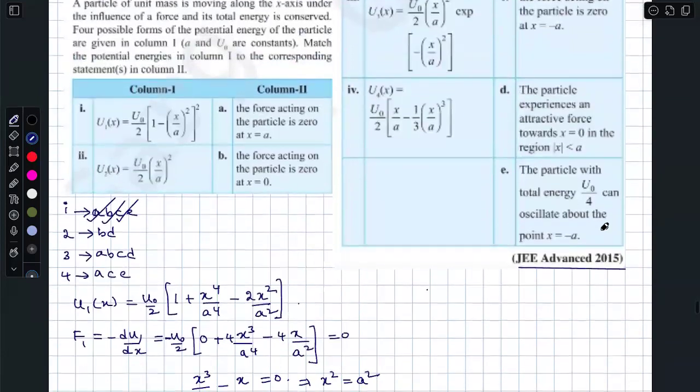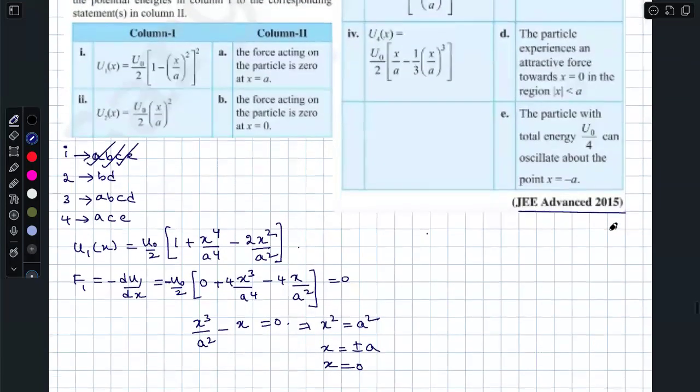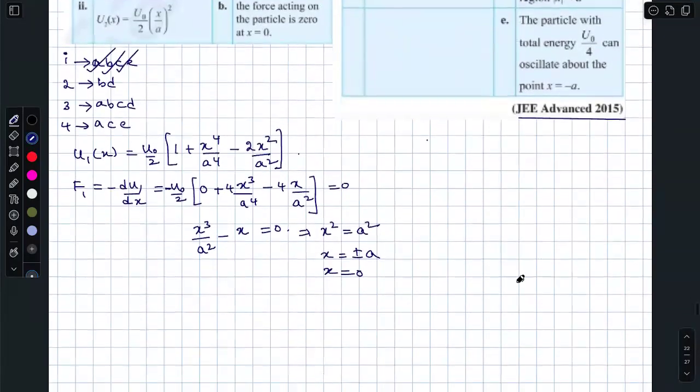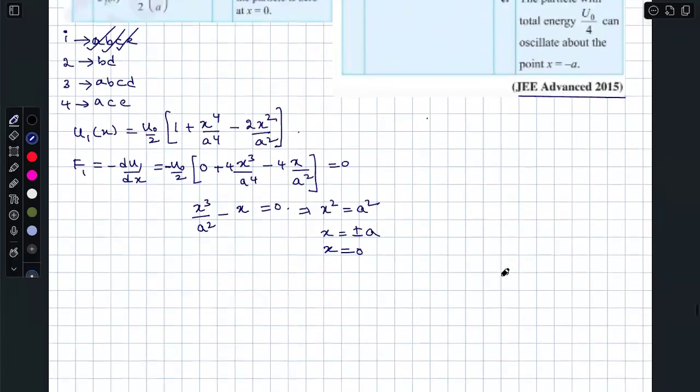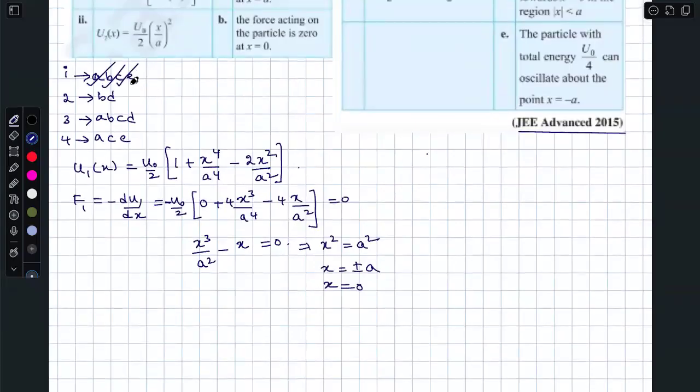The particle with total energy U naught by 4 can oscillate about the point x is equal to minus a. Usually oscillation is possible about stable equilibrium. Oscillation is possible about stable equilibrium. So therefore E is okay for me.